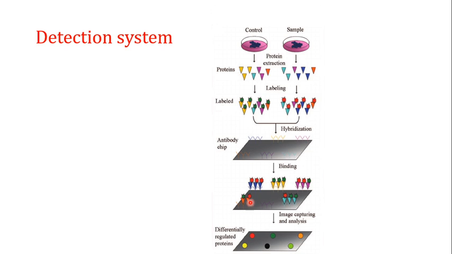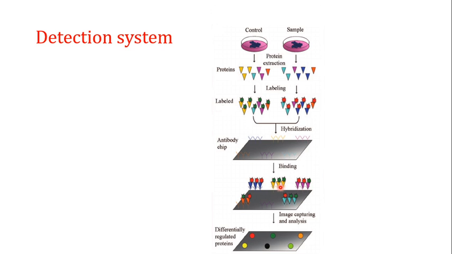What I mean by that is, say for example, if this is antibody number 1, and this antibody number 1 is only interacting with these blue cones with a red fluorescent molecule, that means that these antibodies are going to show you that the proteins are expressed only in the sample and they are not expressed in the control.